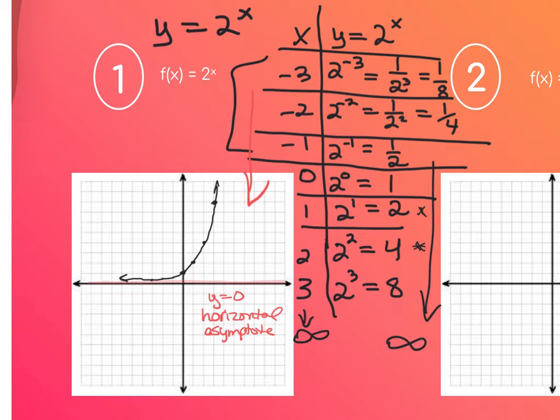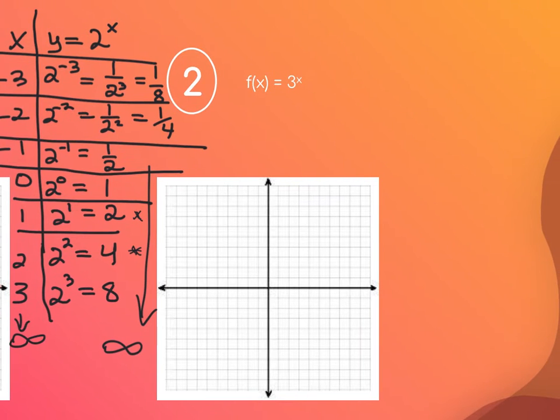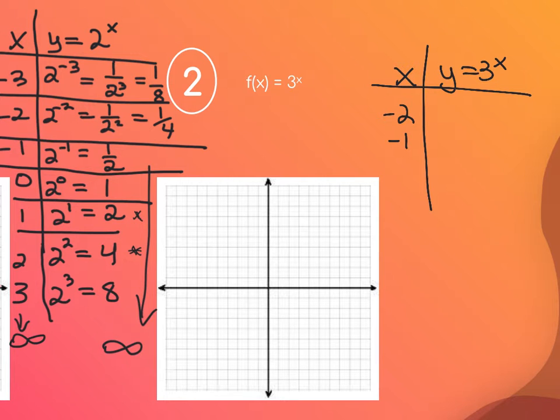So let's go ahead and try number 2. Again, I'm going to do a t-chart. We'll put y and 3 to the x. And this time, instead of plugging in so many, let's just do -2, -1, 0, 1, and 2.